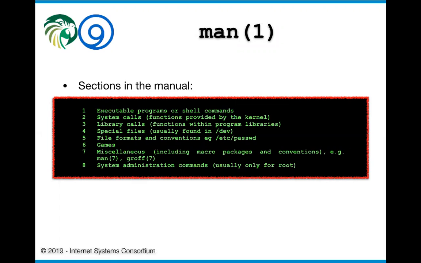Well, that's all well and good, but if you want to know the format of the things that are found in the file /etc/passwd, instead of knowing about the command passwd, you're going to need to do man space 5 space passwd. That's going to pull up the man page about the file format instead of the executable. If you want the one about the executable, you just type man space passwd, hit return, and you're going to get the thing from section 1 by default.